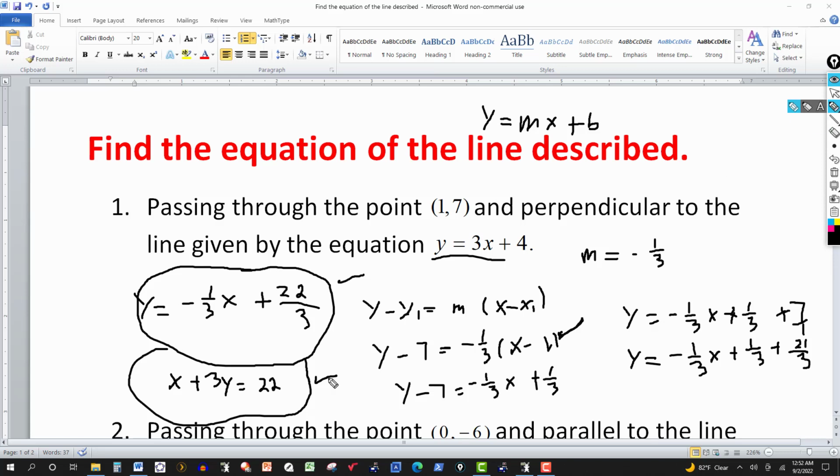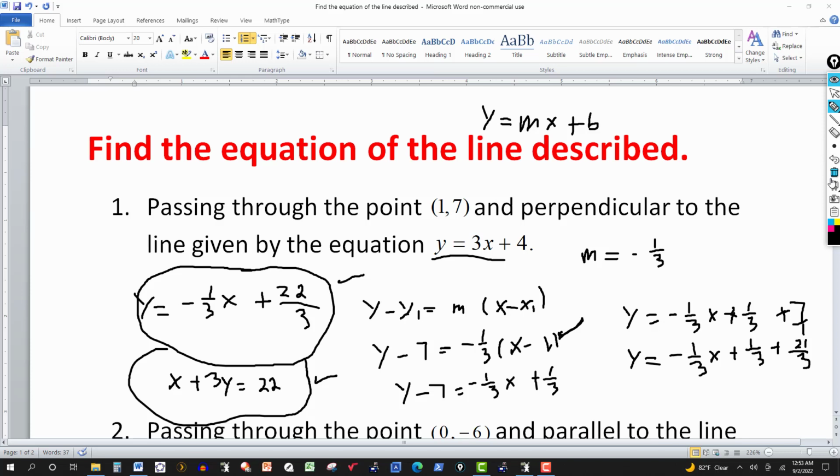If I were to graph the given line, which has a slope of 3, this one passes through the point (0, 4), has a y-intercept of 4, and also passes through the point (1, 7).